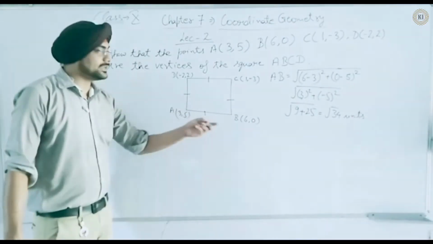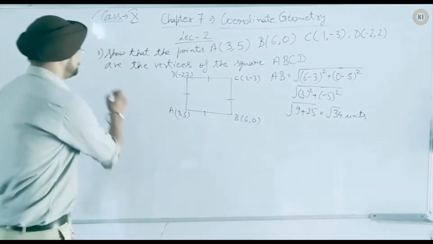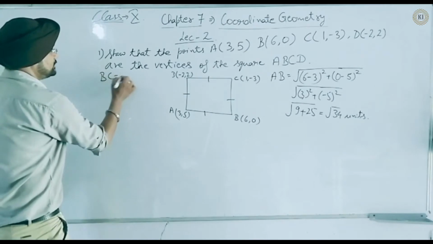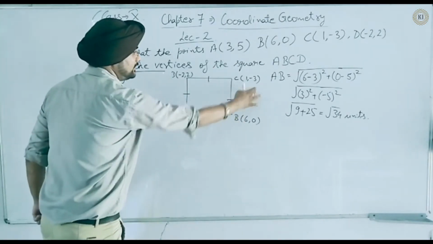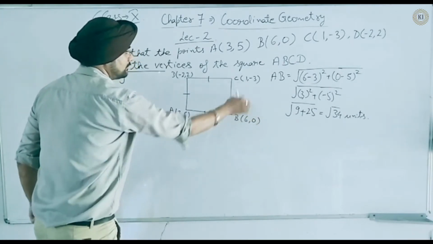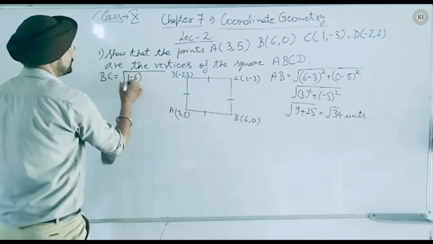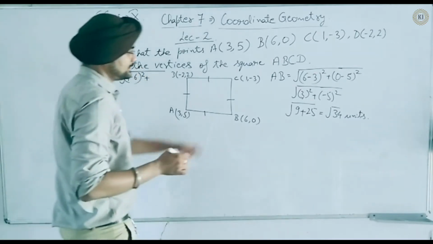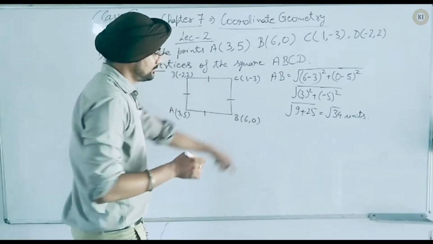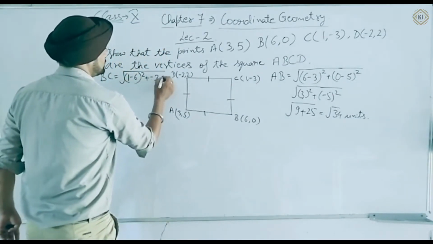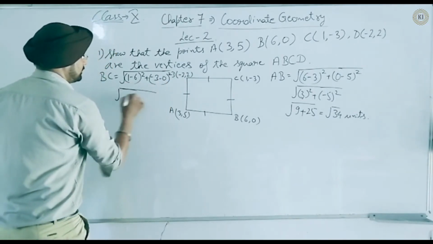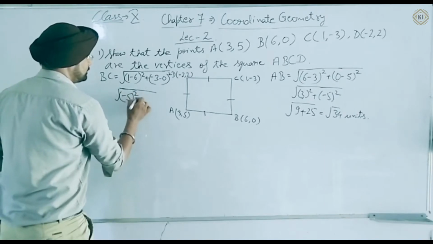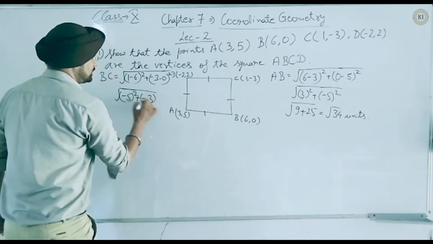In the same way we calculate BC also. So BC is equal to under root, x1, y1, x2, y2. So (1 minus 6) whole square plus (minus 3 minus 0) whole square. So it will be minus 5 whole square plus minus 3 whole square.